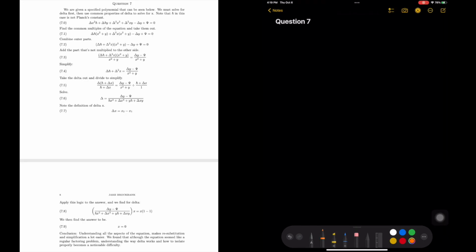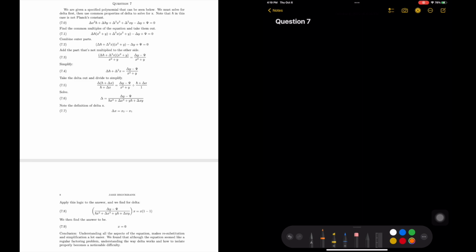All right, so now we have question 7. In question 7, it's kind of set up in a similar way. We are given a specified polynomial that can be seen below. We must solve for delta first, then use common properties of delta to solve for x. Note that h bar in this case is not Planck's constant.